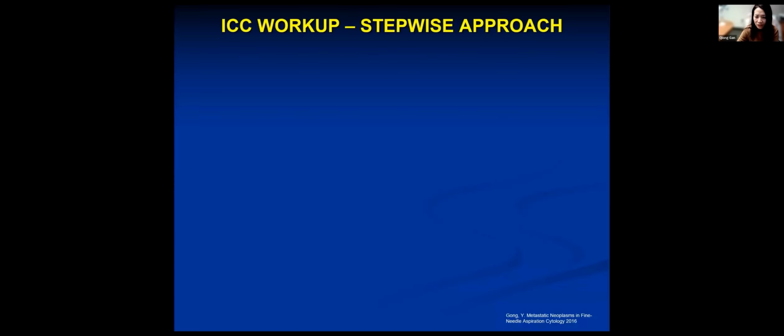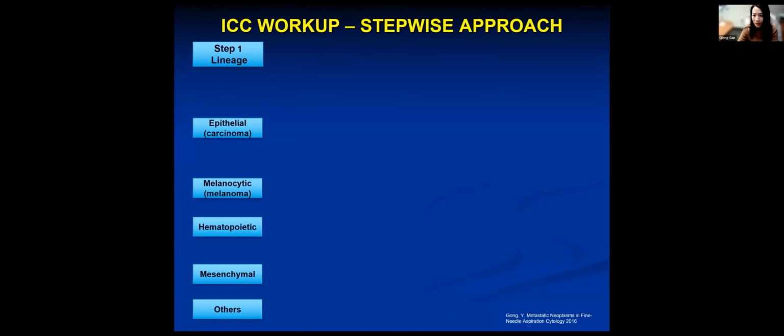So here is a structured tiered approach for a cytology case workup by incorporating ICC. With an unknown case, the initial step is to ask whether it's a neoplastic or a benign process. Subsequently, we aim to identify the lineage origin of the tumor cells. For example, for the case that I just presented, the outside diagnosis was metastatic carcinoma, so it's very important to do a lineage determination.